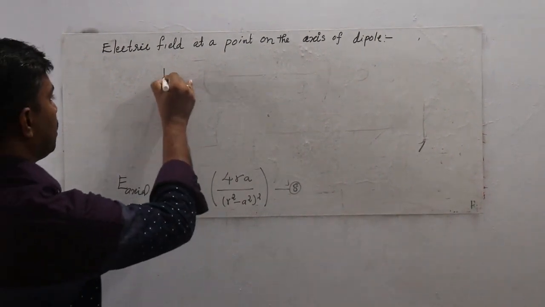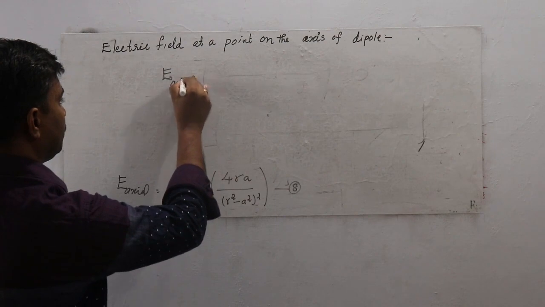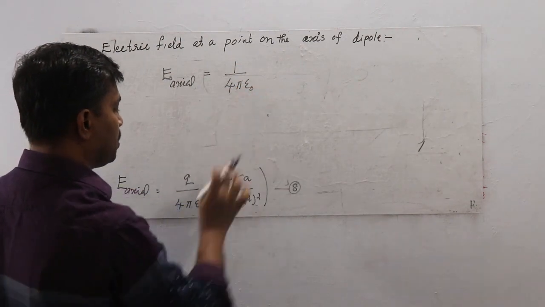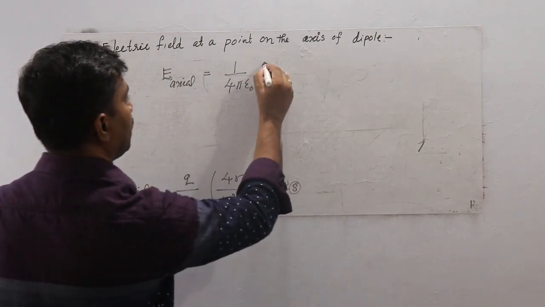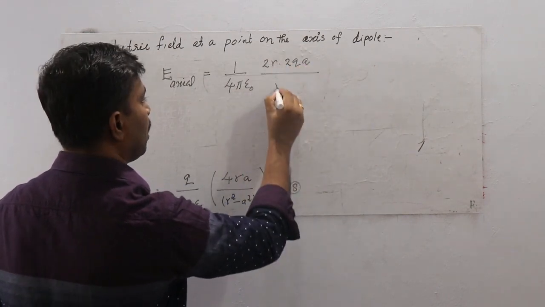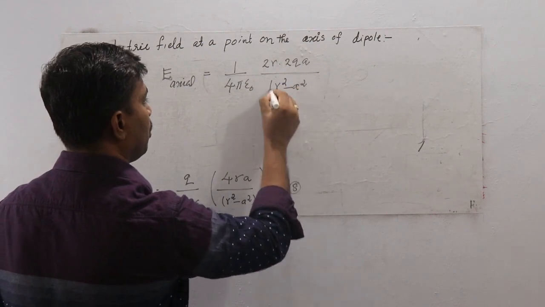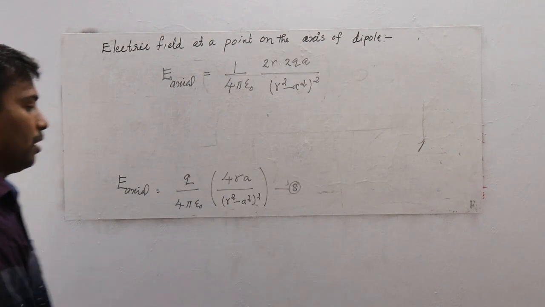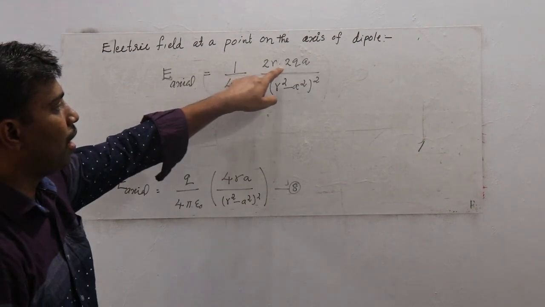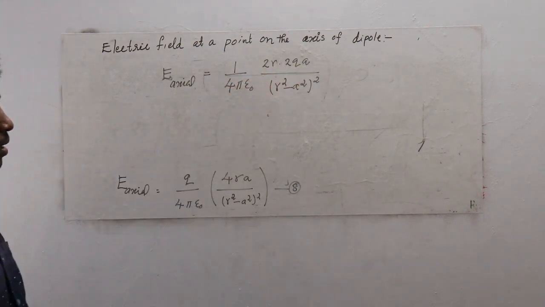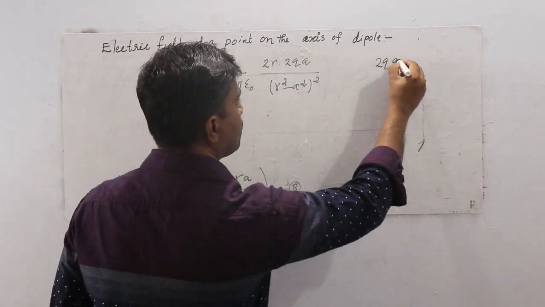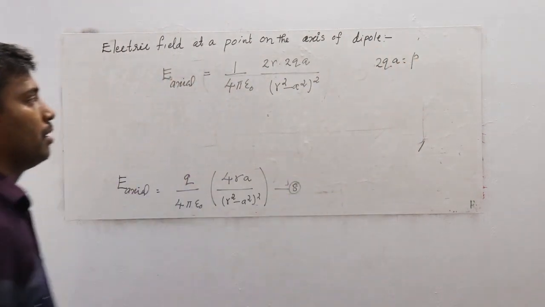Then again rearranging, E axial is equal to 1 by 4 pi epsilon 0. I am splitting 4 into 2 into 2, so I am writing it as 2R into 2QA divided by (R square minus A square) whole square. But we know that 2QA is equal to p.